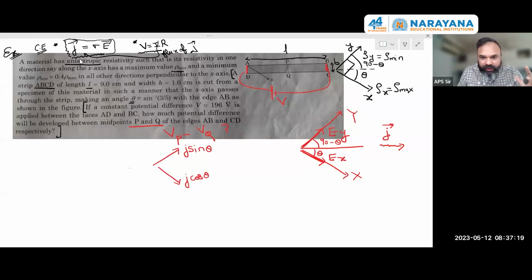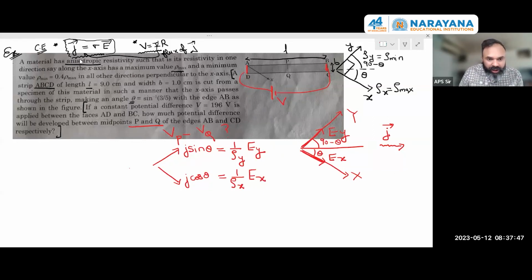Because J was equal to sigma into E, and sigma I can write as 1 upon rho, the resistivity, I'll write this as 1 upon rho y into Ey, and this term as 1 upon rho x into Ex. So I've got two equations for Ey and Ex.